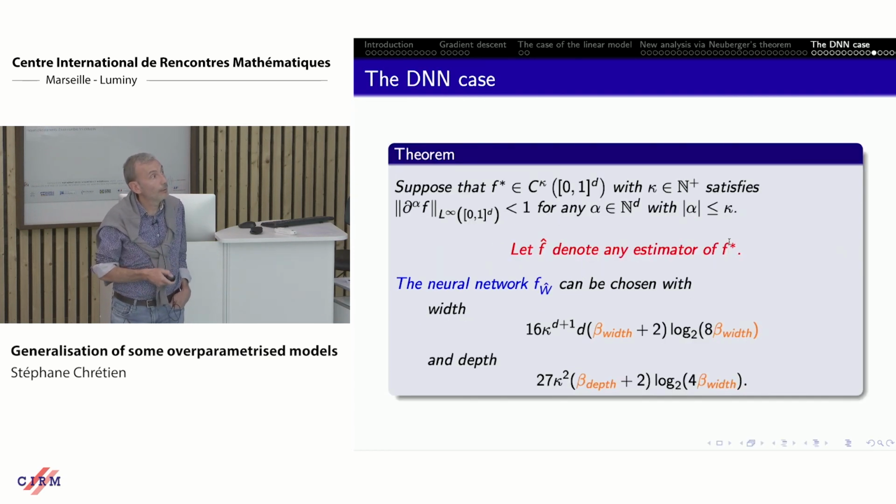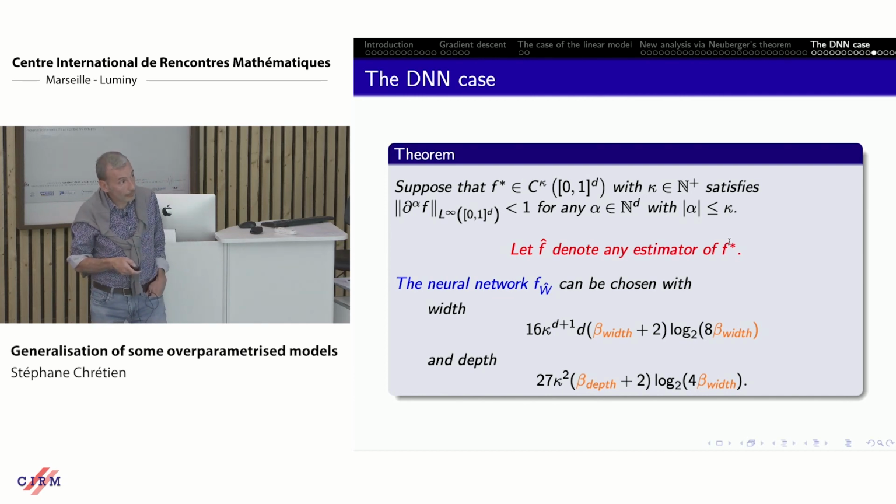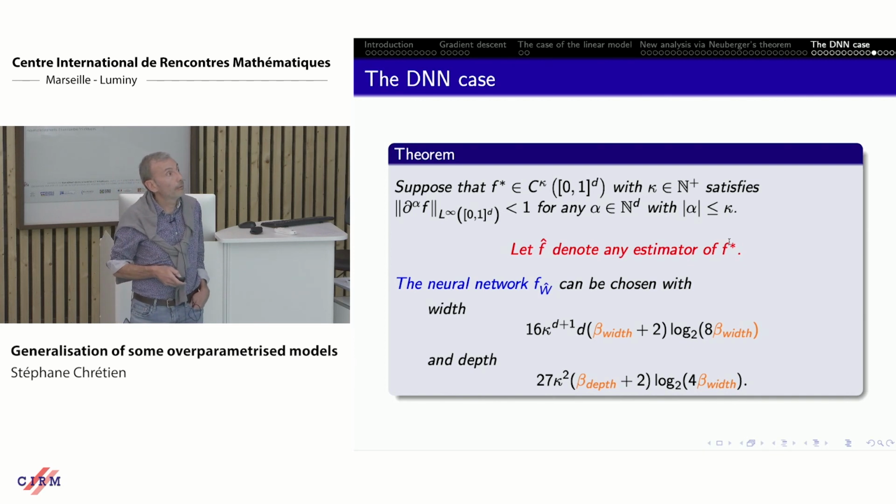So, this network has width and depth which are of the order beta width and beta depth up to log terms, with these multiplicative factors depending on the dimensions and the number of derivatives that you think your solution will have.